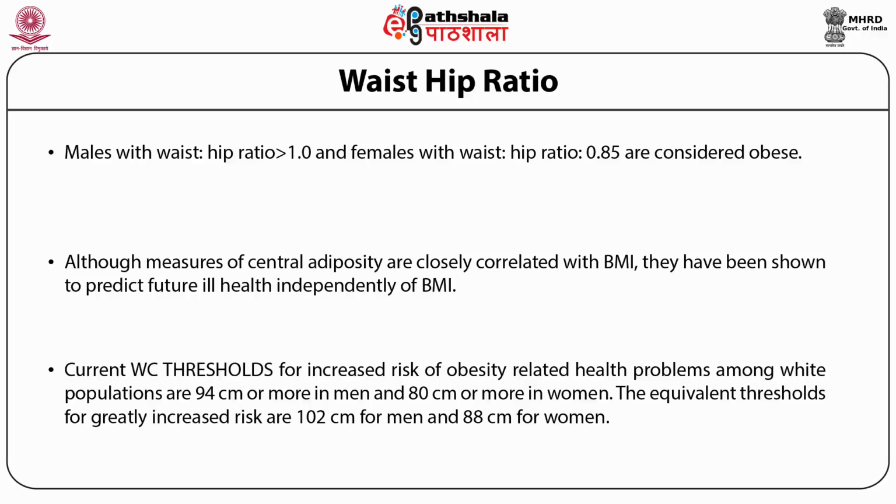The International Diabetes Federation and South Asian Health Foundation are in agreement that the cutoff for waist circumference for the South Asian and Chinese ethnic groups should be reduced from 94 cm to 90 cm to represent the increased risk. However, no change from 80 cm has been recommended for women.